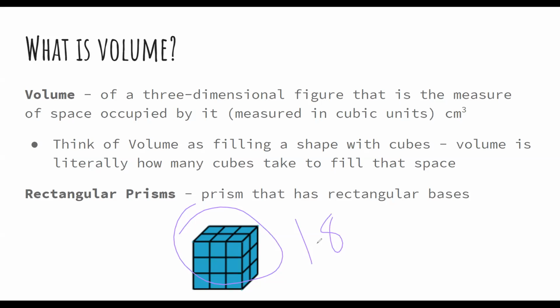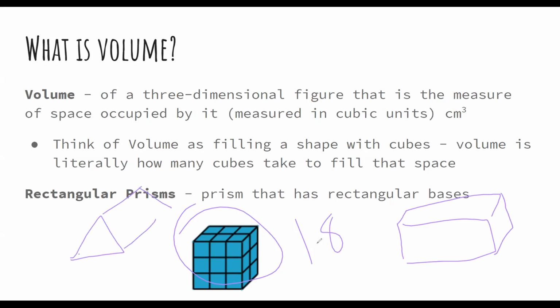We're going to talk about a rectangular prism. A rectangular prism has a rectangular base. So anything that has a base that is a rectangle, and then my drawing is pretty bad, it would be a triangular prism if my base was a triangle.